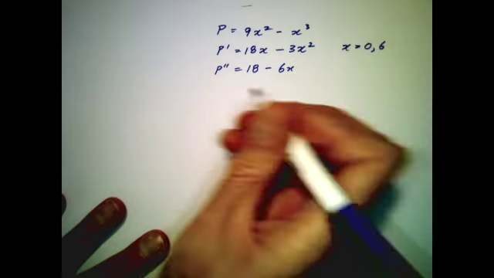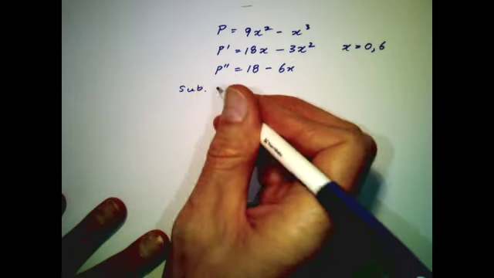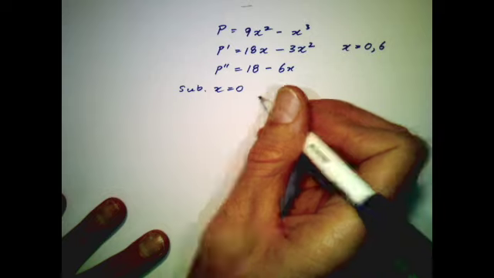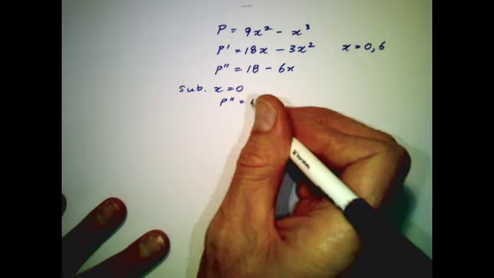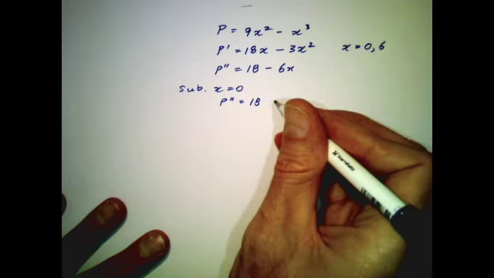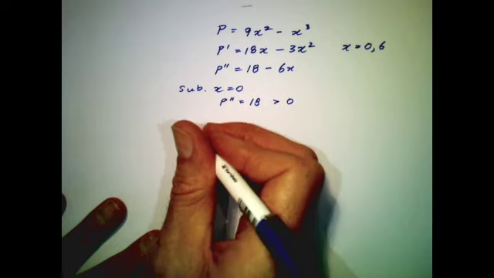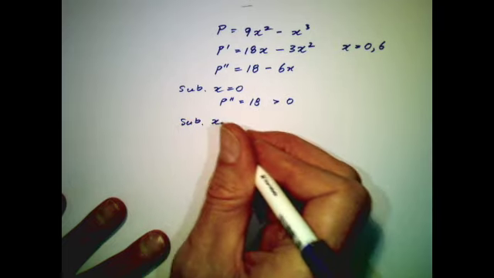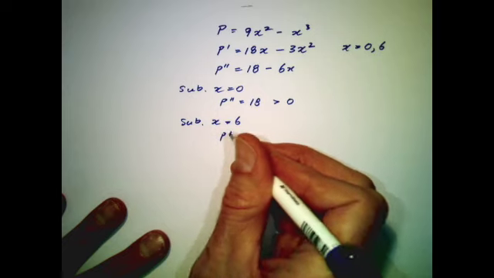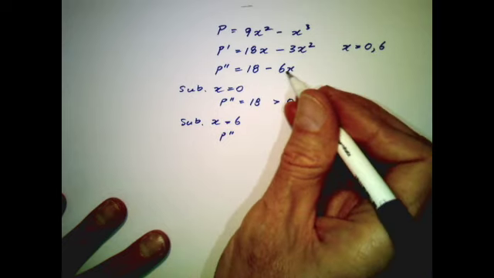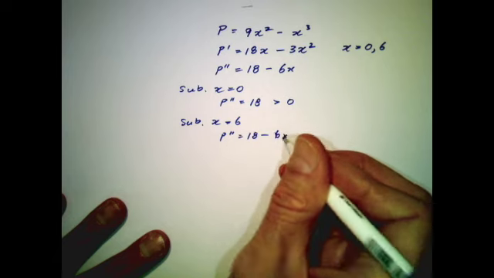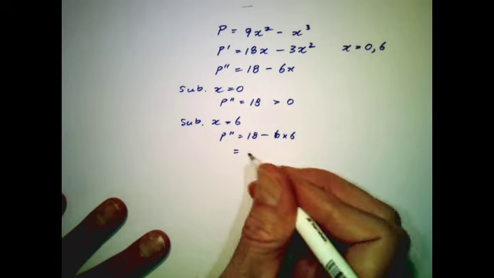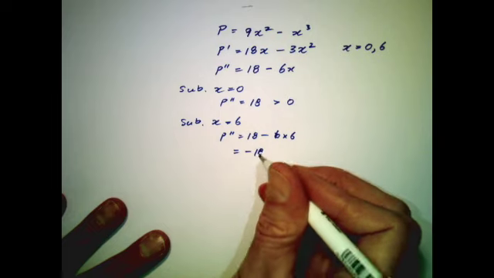Now if we substitute x equals 0 into the second derivative, we get a value of 18 minus 0, which is 18. Or more significantly, it's positive. And likewise, if we sub in x equals 6, we get a second derivative of 18 minus 6 times 6, which is equal to negative 18. Again, more significantly, it's negative.